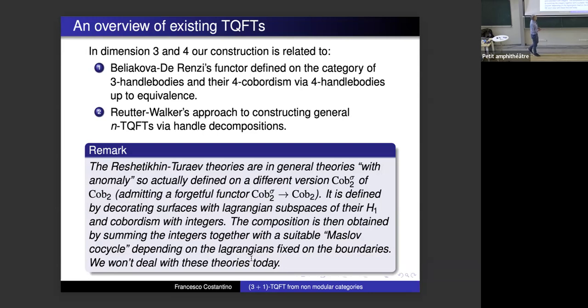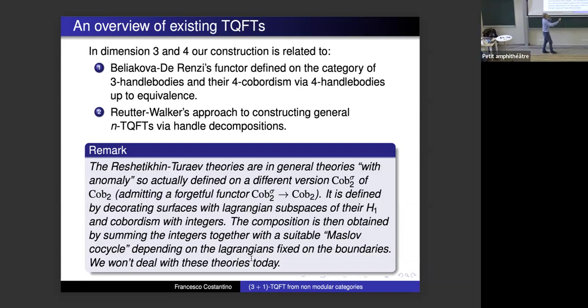Okay, so in truth, Reshetikhin-Turaev is not a TQFT in the sense I defined previously, because the starting category is slightly more complicated, but the starting category has a forgetful functor to the category COB2 I defined for you before. Okay, so that's why I'm not putting this in the story today.